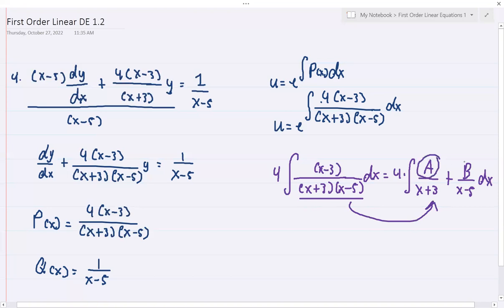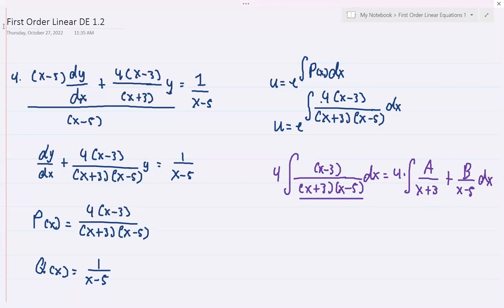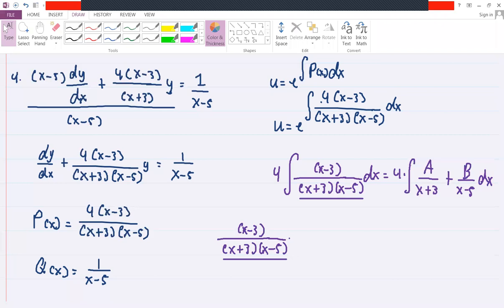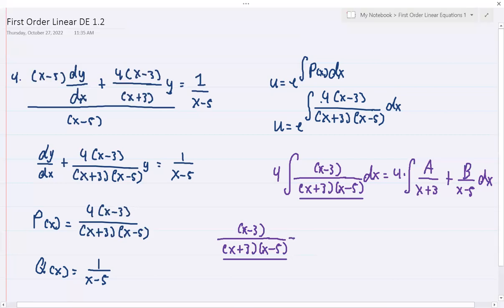But the question is, we're going to take it slow. Let's take it slow. So first let's focus on this one. Again, this one, x minus 3 all over quantity x plus 3 times quantity x minus 5. This is a all over x plus 3 plus b over x minus 5.